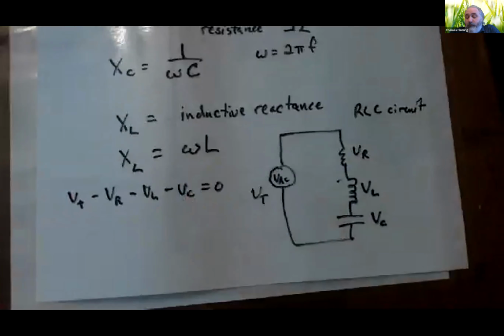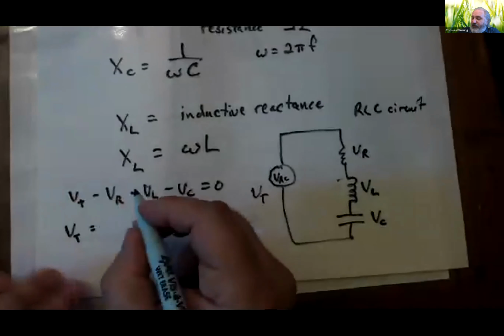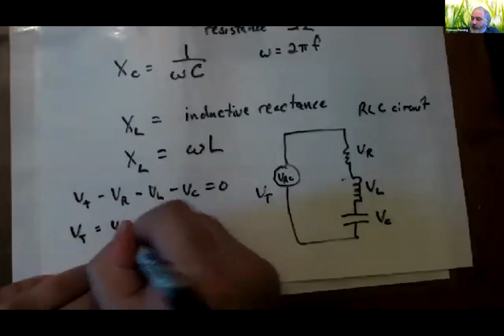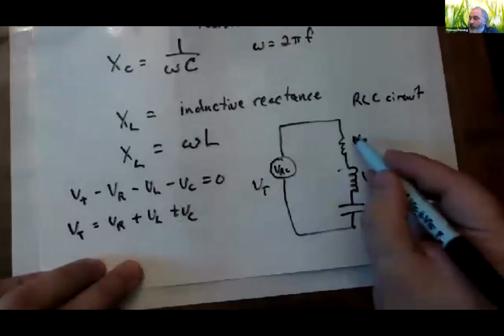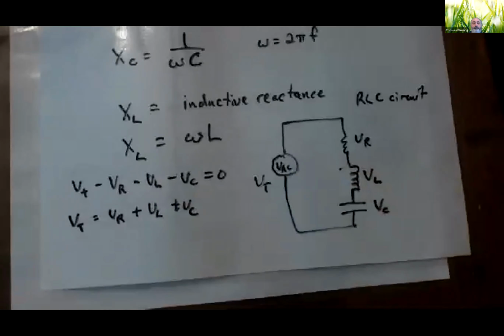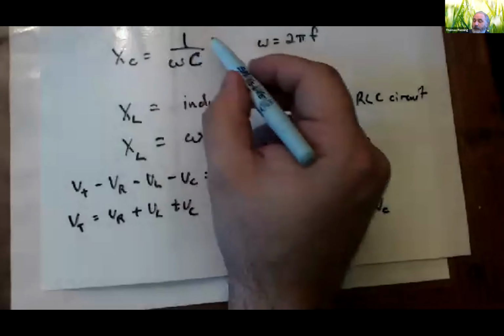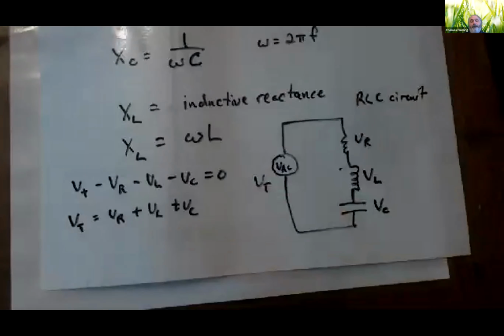And of course, that means that V total would have to equal the sum of VR plus VL plus VC. So all the voltage drops at any given moment have to add up to V total. And of course, I can find these voltage drops using these expressions, or in this case, Ohm's law.